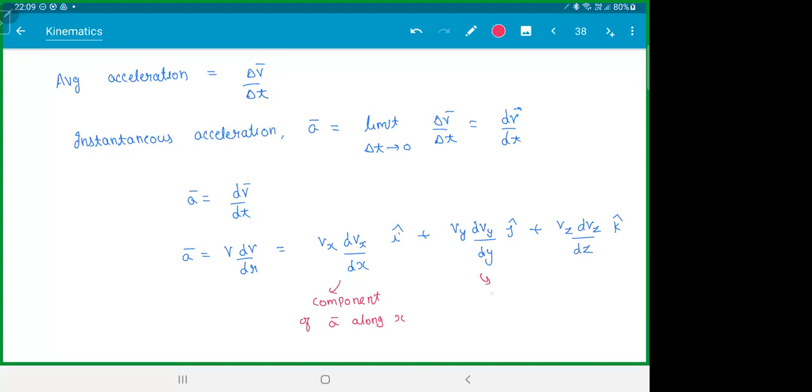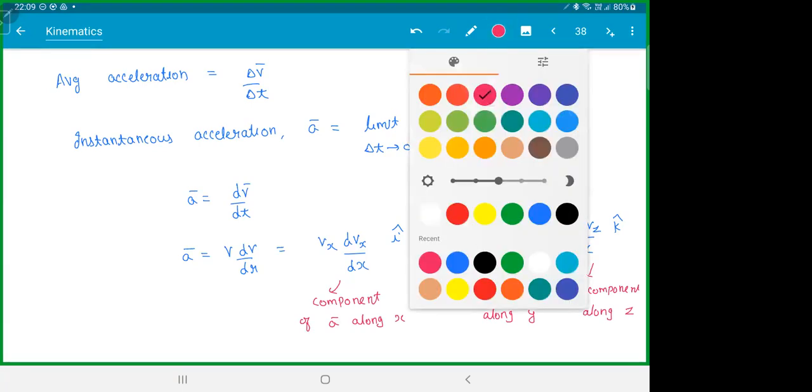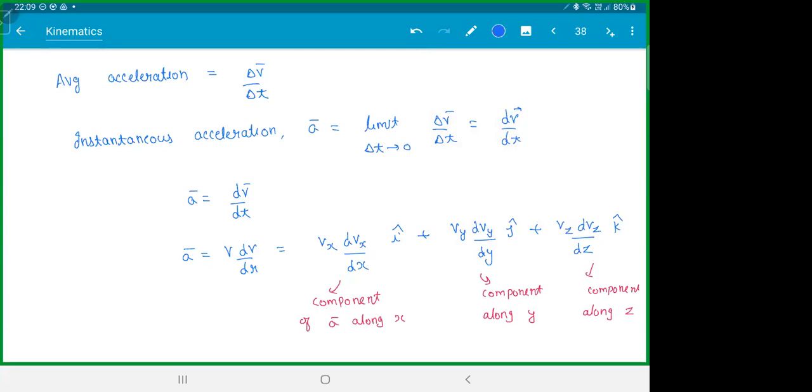This is the component along y, component along z, and so on. Clear? That's about instantaneous acceleration.